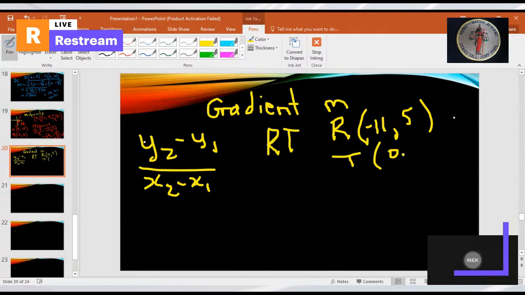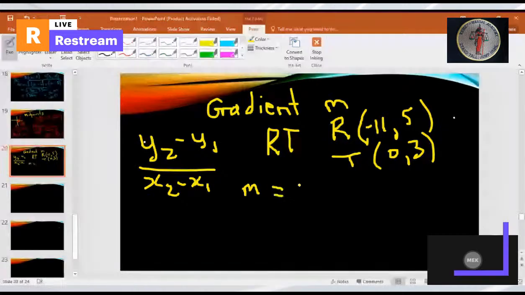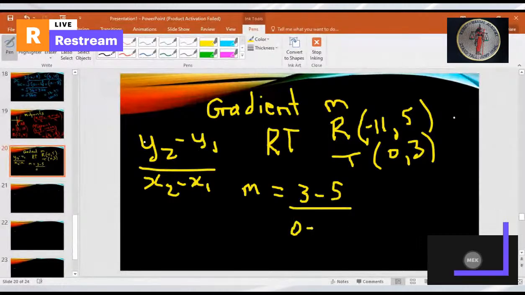The gradient of this line, m, would be the second y value, 3, minus the first y value, 5, divided by the second x value, which is 0, minus the first x value, which is -11, which will give -2 over 11.